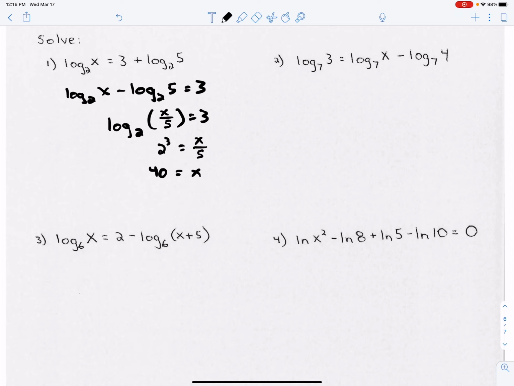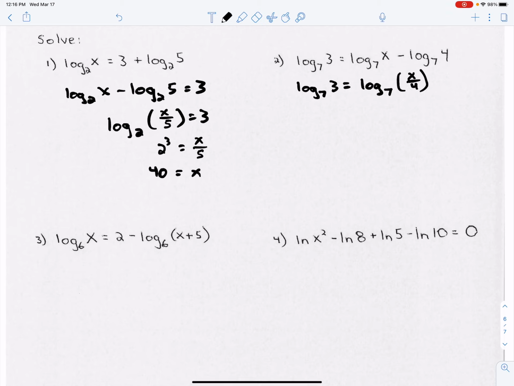Okay, here, this is where we have all logs. So we're going to combine all the logs on each side, and this would be x over 4.